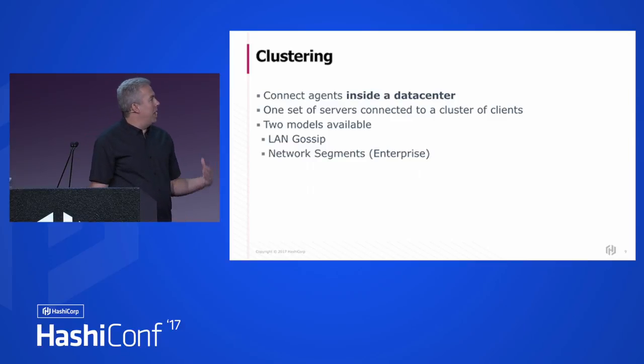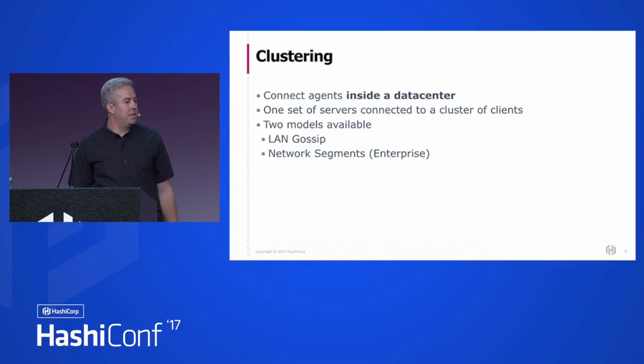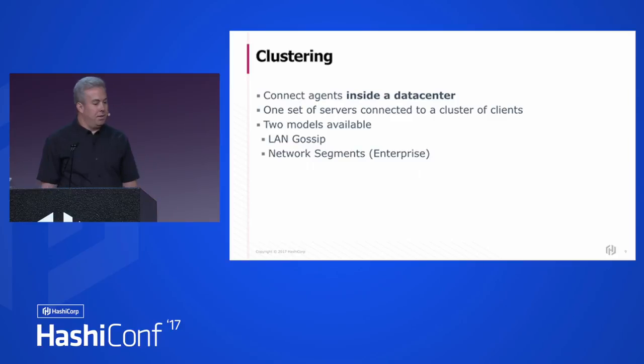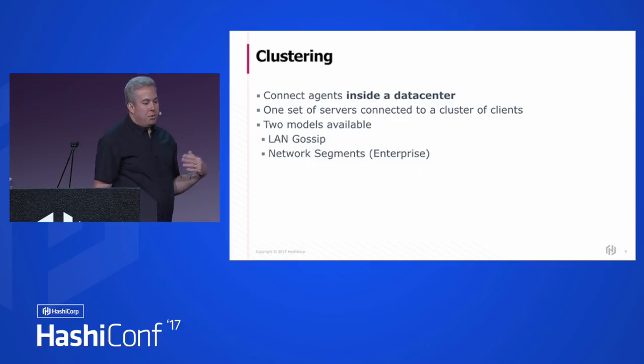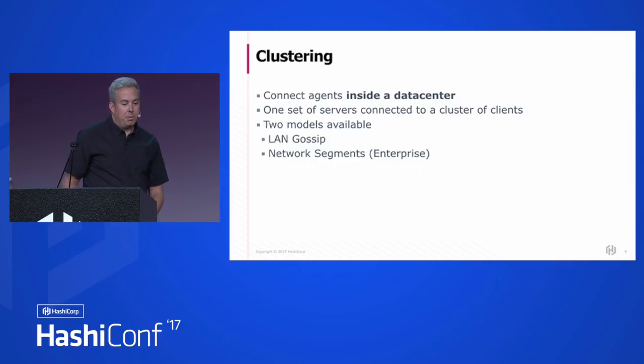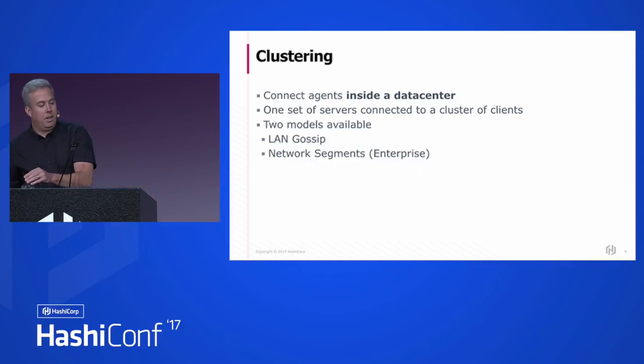And each data center has one set of Consul servers that are part of that cluster, and then basically any number of agents. Consul can run with clusters that just have a handful of machines, up to tens, even hundreds of thousands of machines in the same cluster. And for clustering, there's 2 models. There's something called LAN gossip, and then there's something called network segments, which is available in enterprise. So we'll go through those.